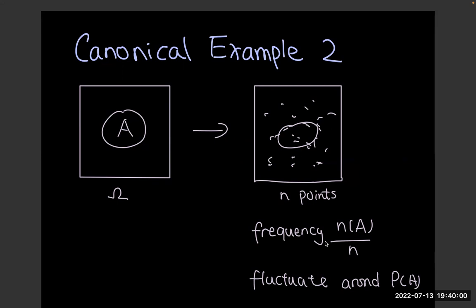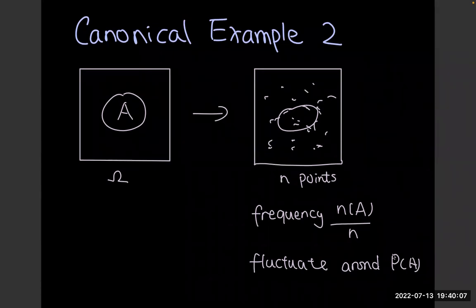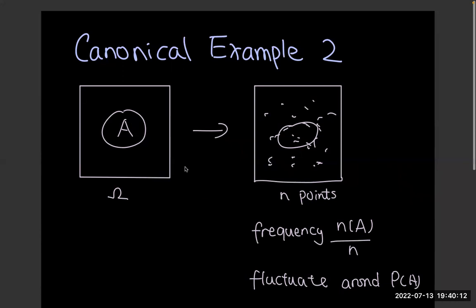This frequency also fluctuates because it is random, but it will fluctuate around the probability of A, which is the area of A divided by the area of omega. So I want to use this example again to illustrate the idea that this frequency can fluctuate, and it fluctuates around the probability. But if n is very big, then the long run frequency will converge to the probability.